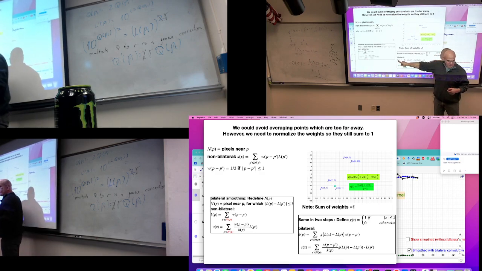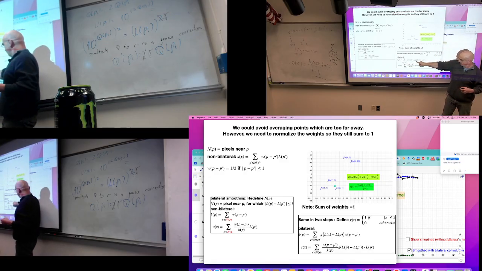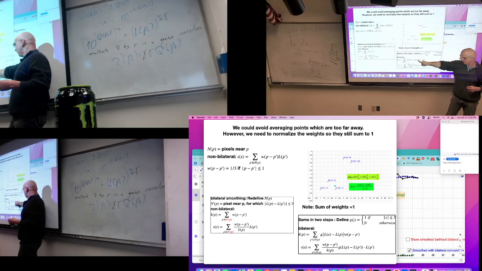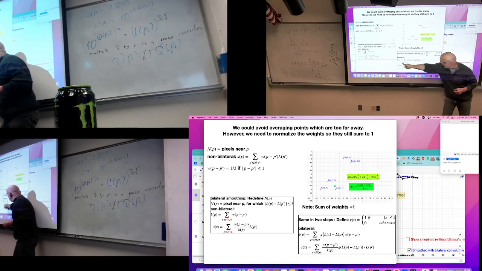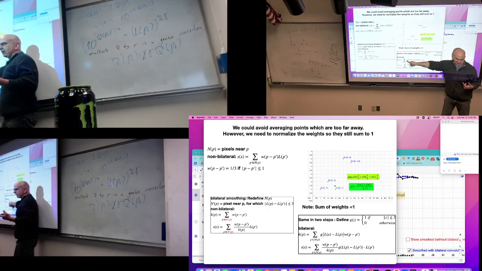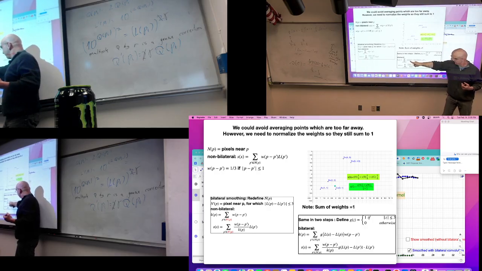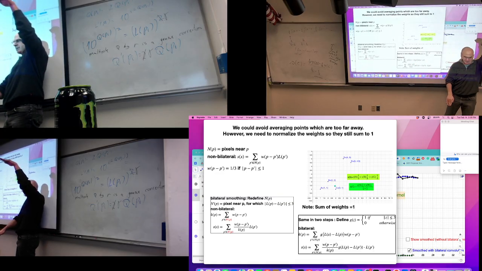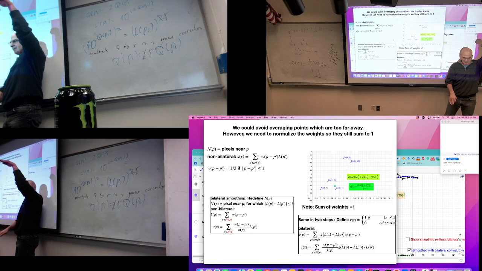K of P, we had it beforehand. K of the pixel P is the sum of the weights at P, and the sum of the weights of all the P prime near P, times, that's why it's bilateral, that's a new term, this G function that looks at the intensity of X and the intensity of P and asks, did you cross the barriers that you care about for the intensities themselves?